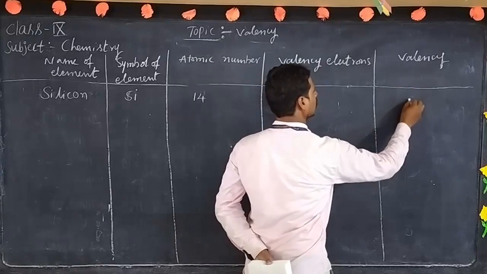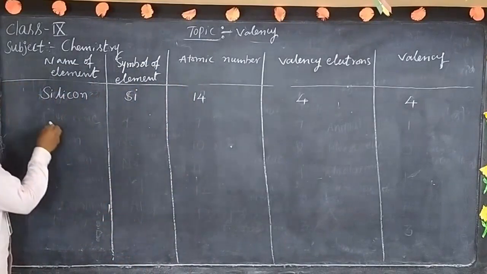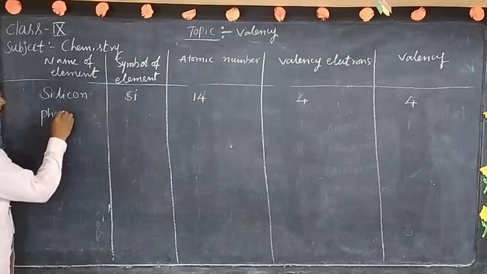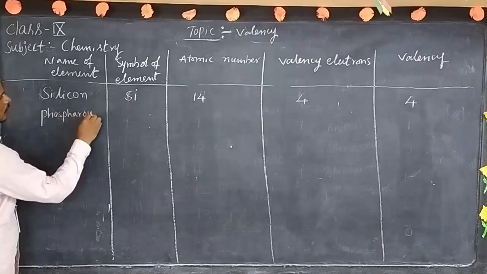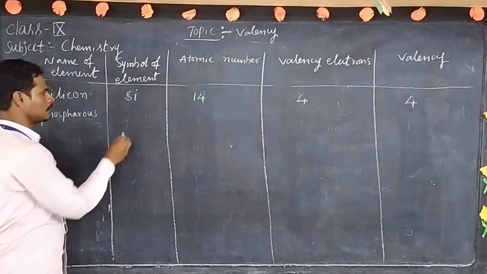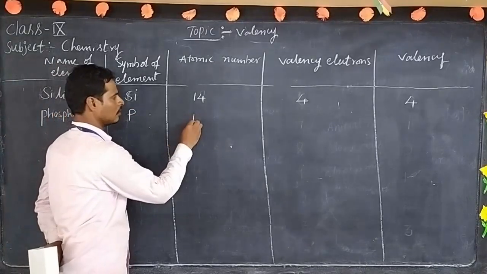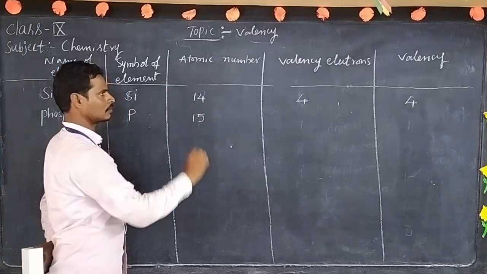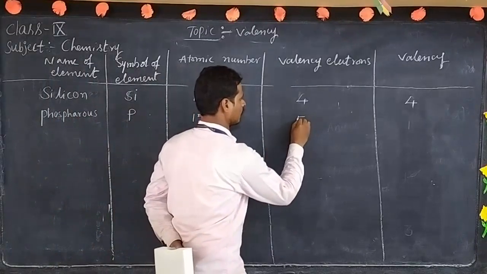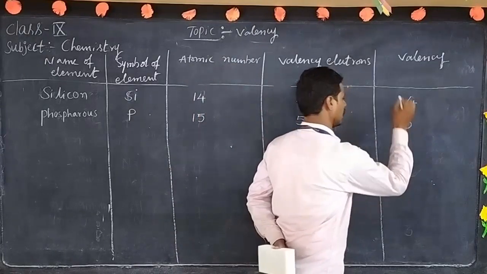Valency of silicon 4. Next, name of the element is phosphorus. Symbol of phosphorus P. Atomic number of phosphorus 15. Valence electrons present in phosphorus 5. Valency of phosphorus is 3.